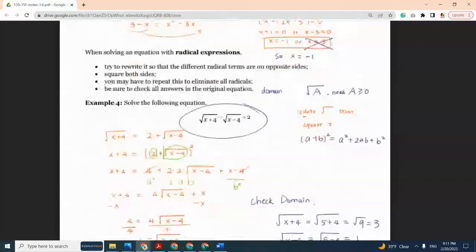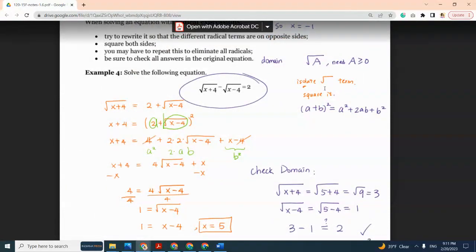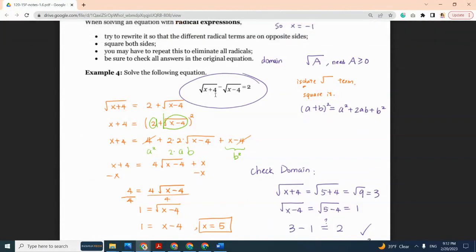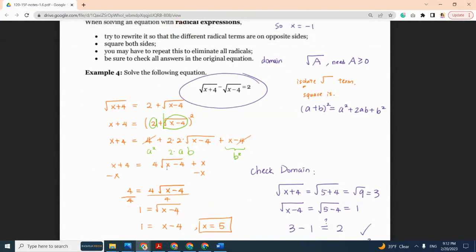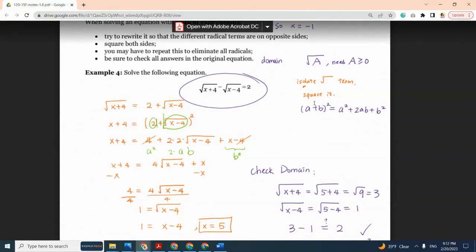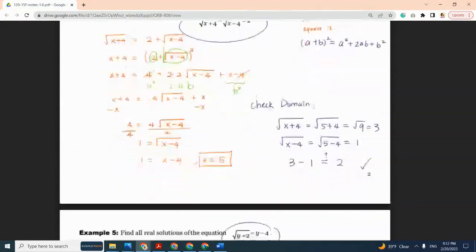And when you solve equations involving radicals, you isolate a radical and then square both sides to get rid of the radical. And if you have two radicals, that means after you square once, you still get a radical. So you need to isolate this radical and then you square both sides to get rid of both of them. So you gotta repeat this process. If you have two radicals, do this process twice. If you have three radicals, do this process 3 times. So just keep doing that.